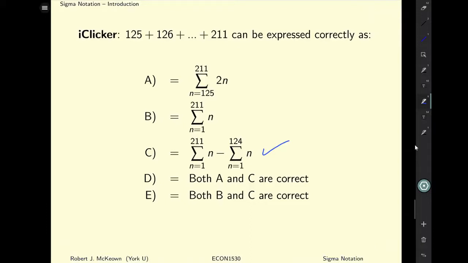We want to sum from 125, starting from 125 and adding 1 and sum all the way up to 211. One way we could do that is to sum up everything from 1 to 211 and then subtract the parts that we don't want. So the correct answer is C.